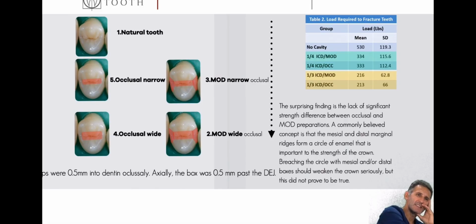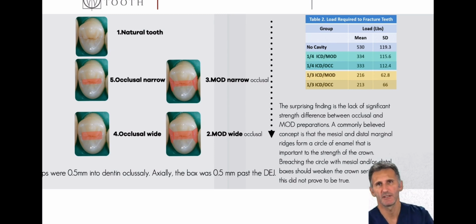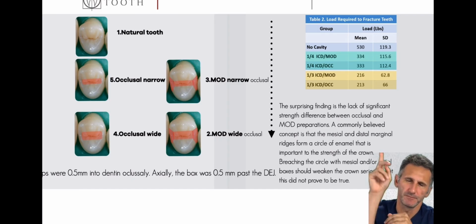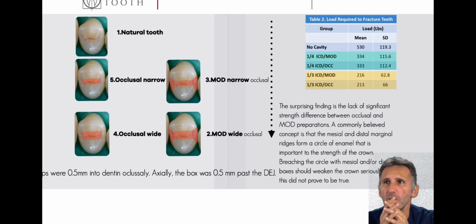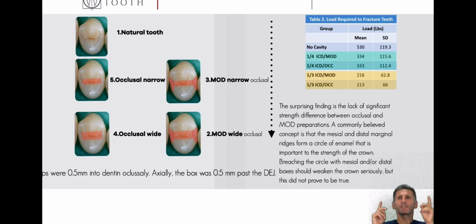And when we see the result of this study, we see quite strange results, because we see that occlusal narrow load is 333, while adding the slots, 334.